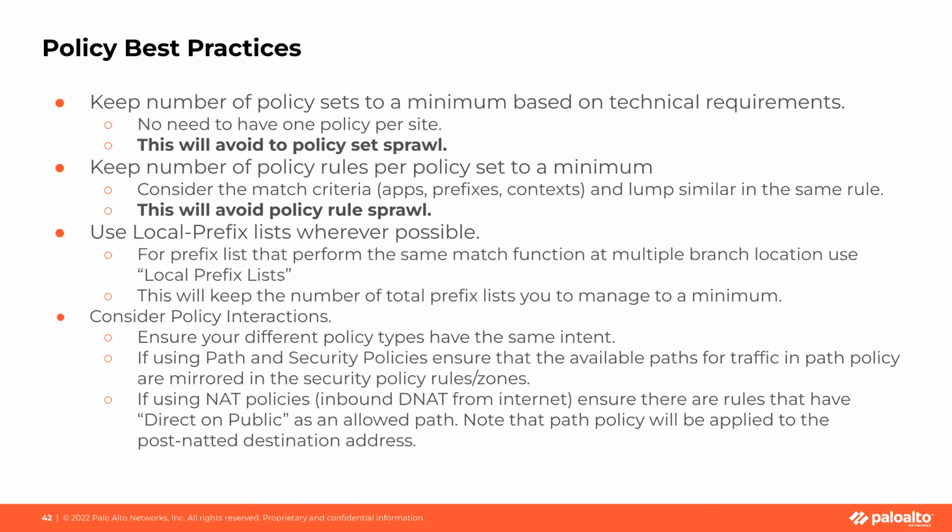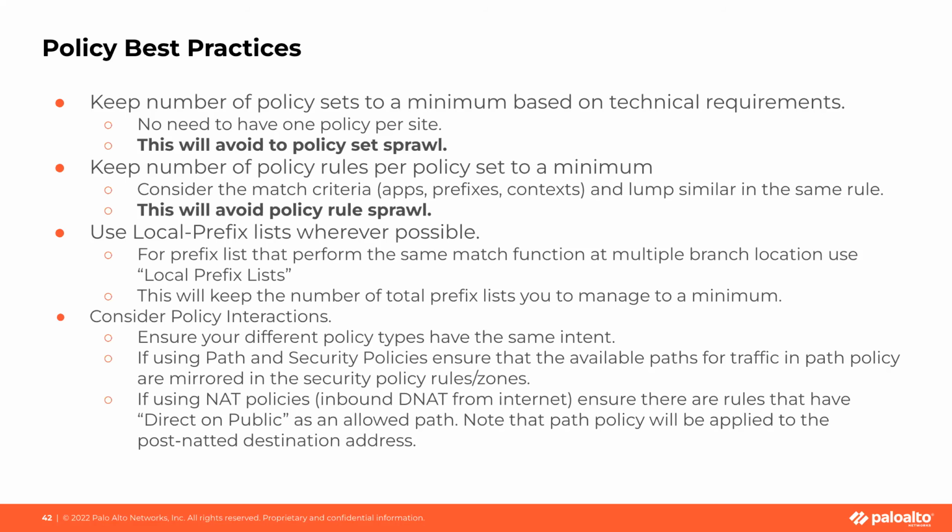It could be applications, prefixes, context, and then put those into the same rule. And again, this avoids policy rule sprawl, meaning you don't end up with a policy with 100 rules in it. We have some very large customers that have a path policy that may only have 3 or 4 rules in it. Because of the way that we've implemented the policy, it allows us to create these very compact, but still highly functional policy sets.